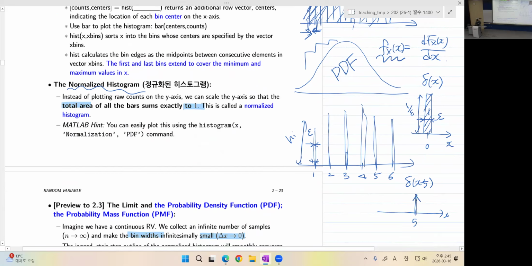Usually, we put a double arrow here and write 1 in order to distinguish this function with area 1 from, for example, 2 times delta of x minus 6 with area 2. Got it? So this is not a precise way to visualize, but that is the convention.